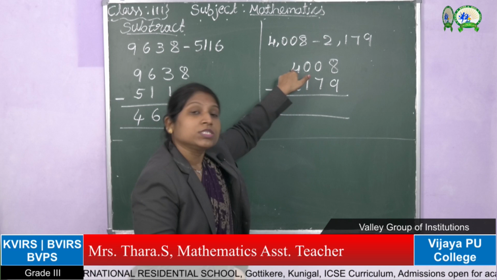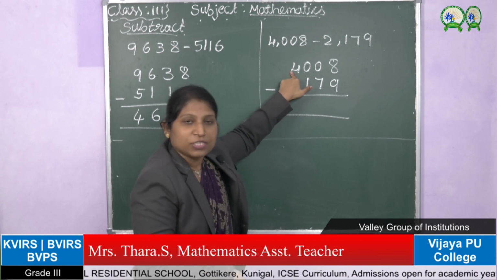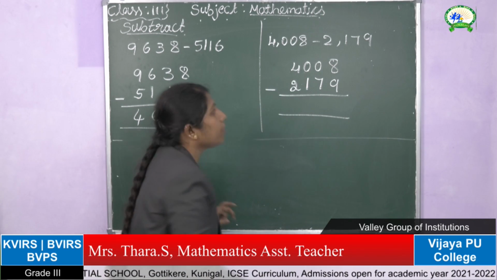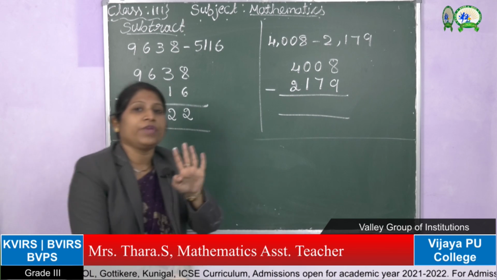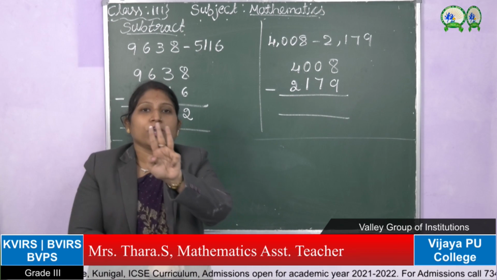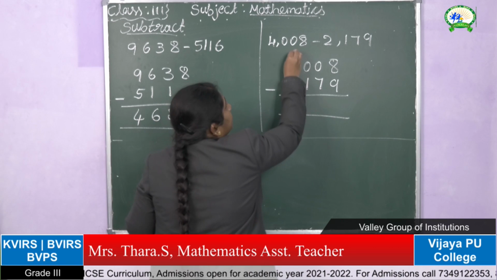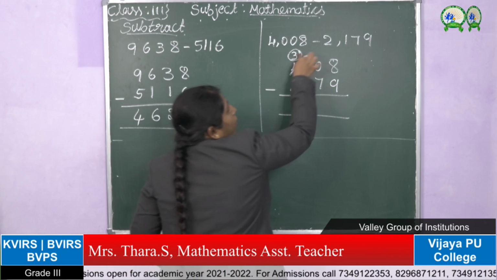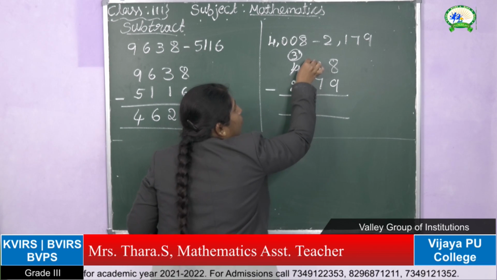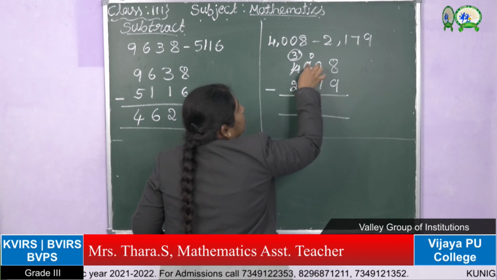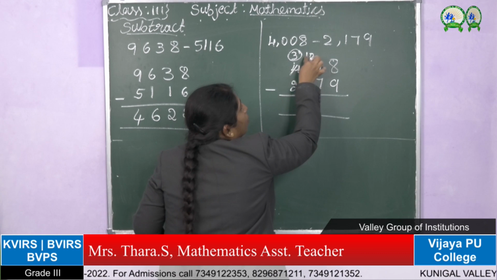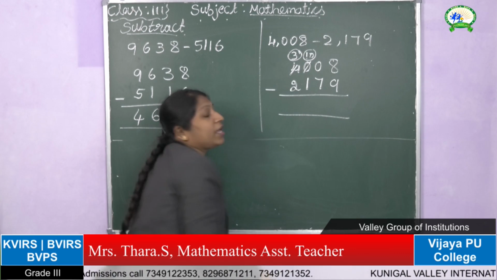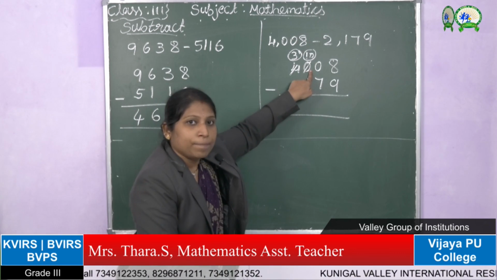We have a 4. So from 4 we can take 1 as a borrow. So 4 becomes 3. If you give 1 borrow to 0, 0 becomes 10.